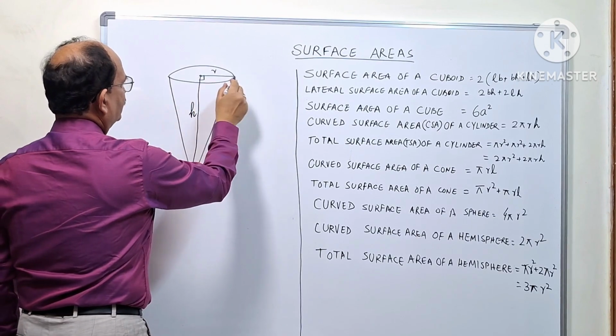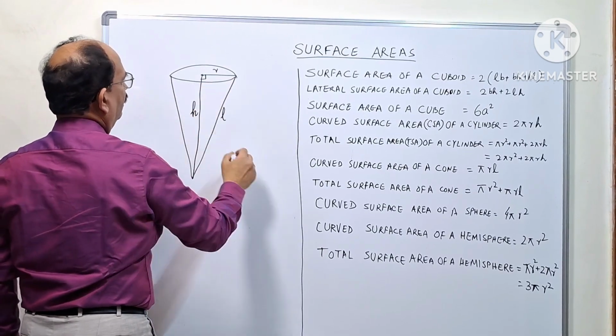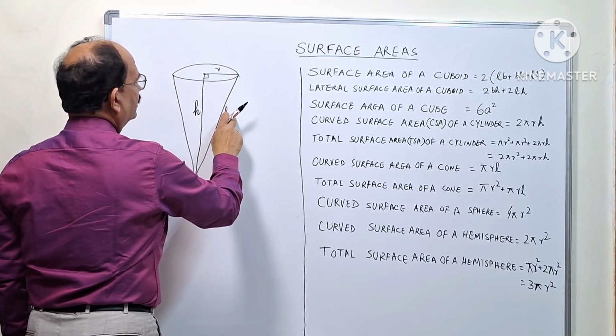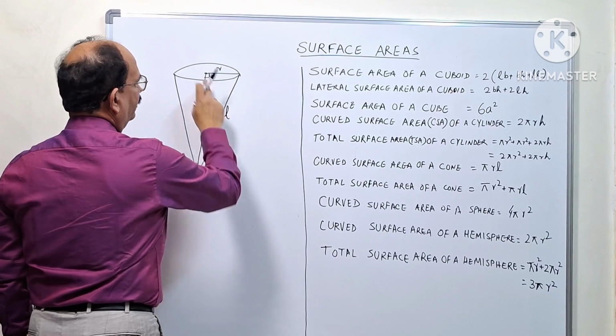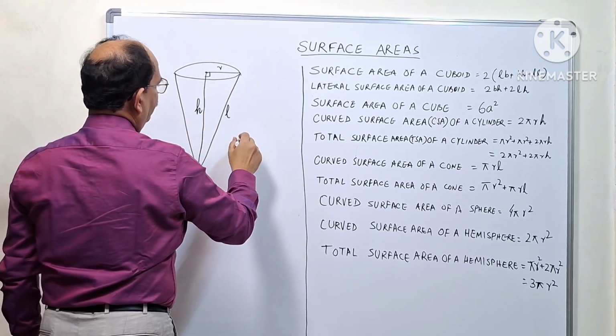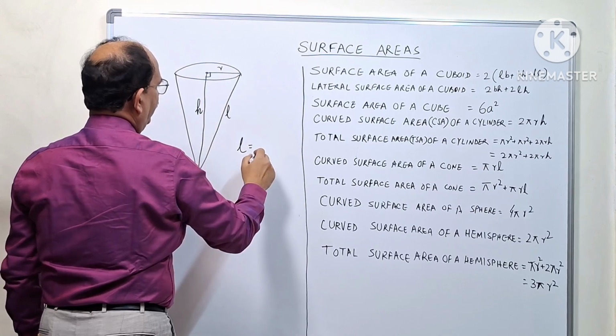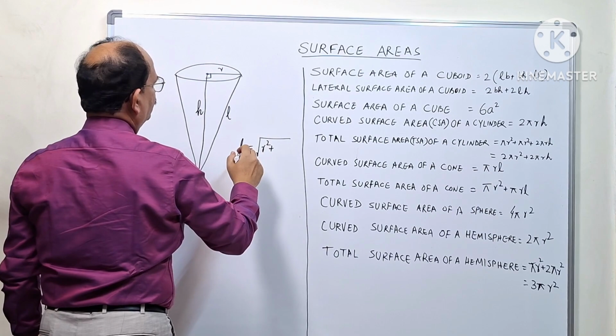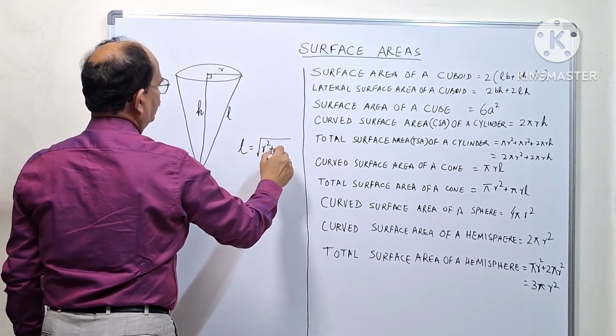You can see that this is a right angle triangle, and the slant height appears like the hypotenuse of this right angle triangle. So the slant height will be equal to the square root of r square plus h square.